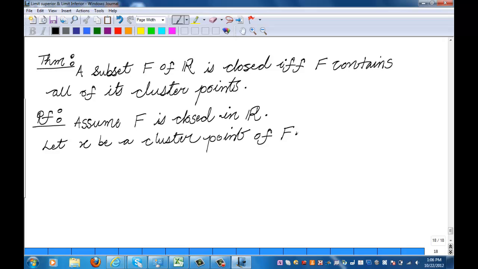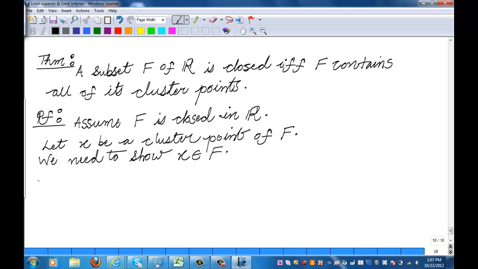There are a couple of ways to go. You can directly show X belongs to F, or you can do a contradiction. Now, what is the meaning of F is closed? F closed means the complement of F is open, right? Now, X is a cluster point of F. If I do a contradiction, we need to show X belongs to F, right?